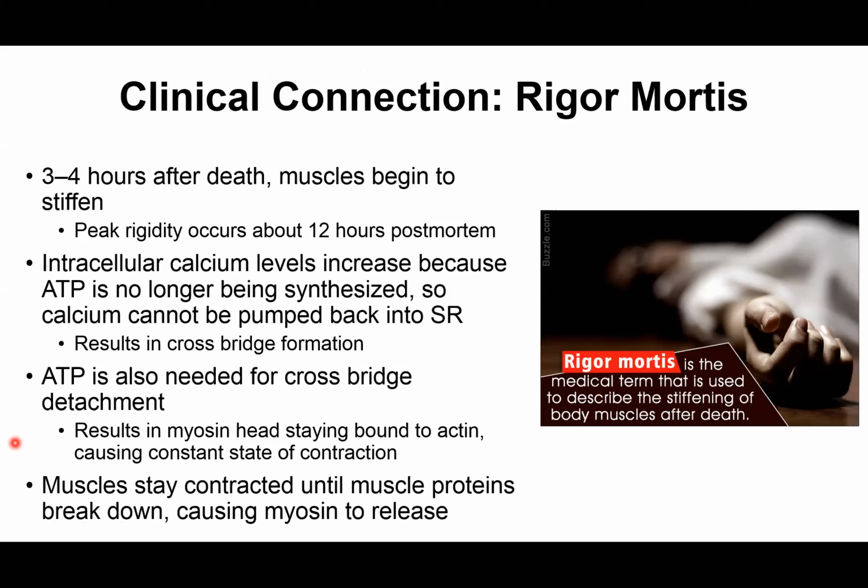So the reason that this is occurring is because the intracellular calcium levels are going to increase because ATP is no longer being made. Once a person dies, obviously the energy production would stop.